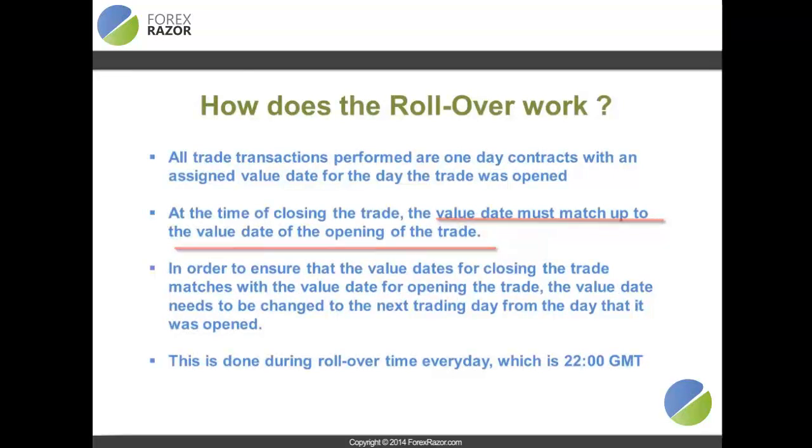In order to ensure that these value dates for both the closing and opening of the trade match with one another, they need to be changed to the next subsequent trading day from the day that it was opened. This is done during rollover time every day, which is 2200 GMT.